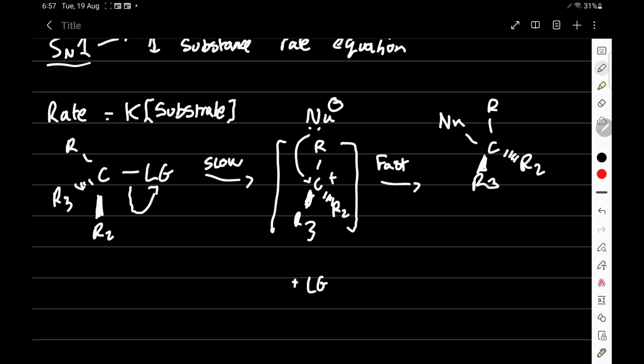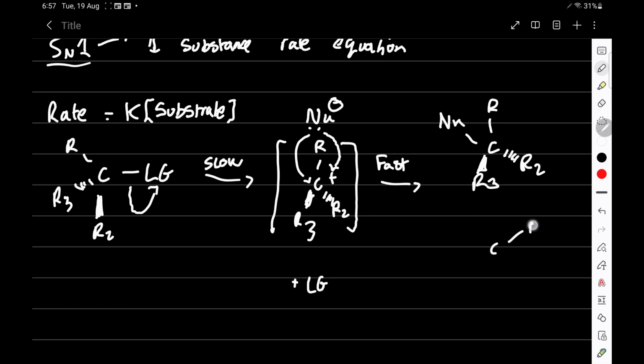It's important to note the stereochemistry of an SN1 reaction. Notice that the intermediate is trigonal planar. There is a 50% chance that the nucleophile attacks the left face of our intermediate, and a 50% chance that it attacks the right face.